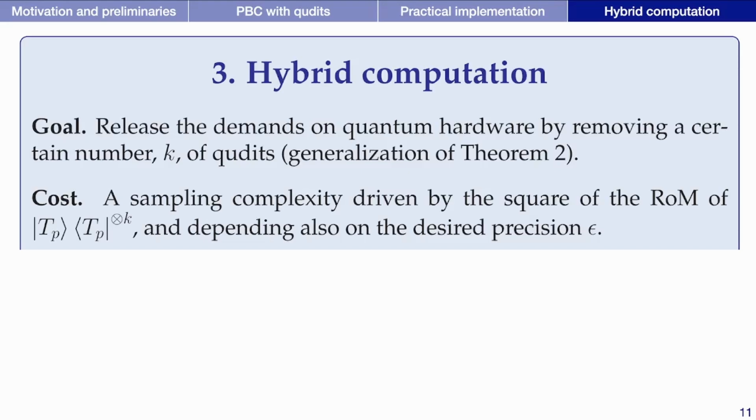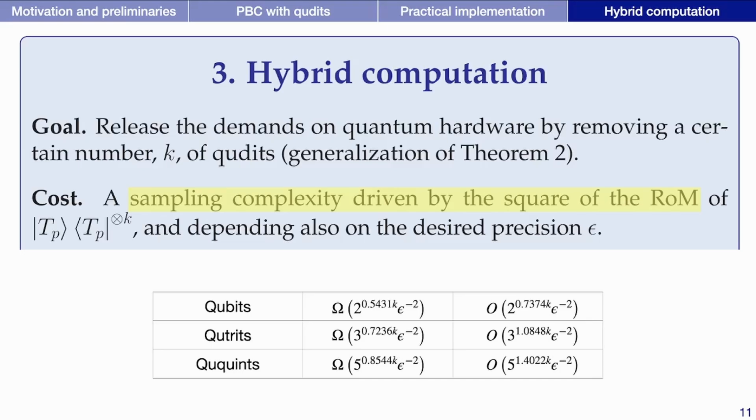In particular, the extra cost that we have is a sampling complexity that is driven by the square of the robustness of magic. And the fact that this is related to the square of the robustness of magic means that we can find some lower and upper bounds for this sampling complexity for qubits, qutrits, and ququints.